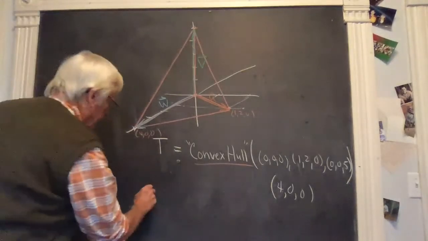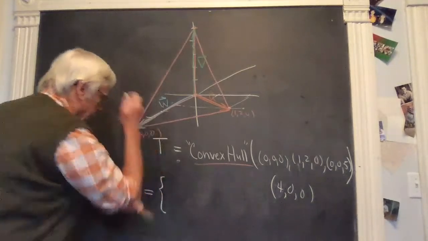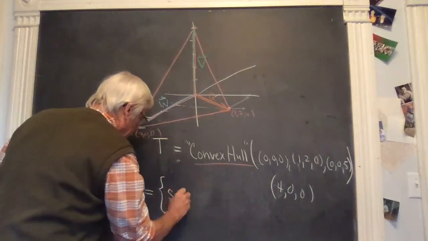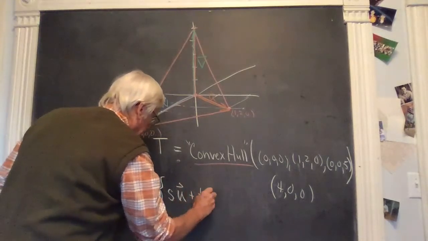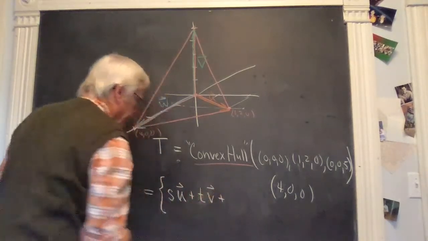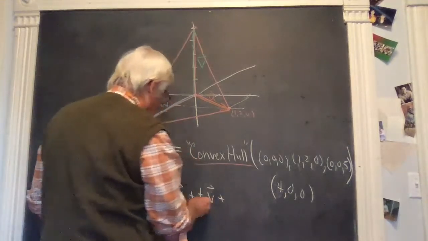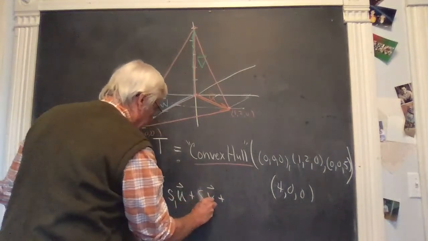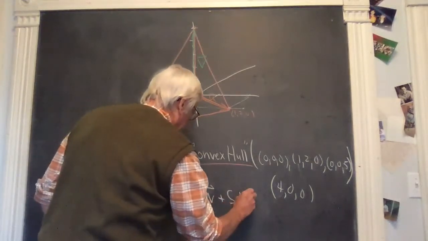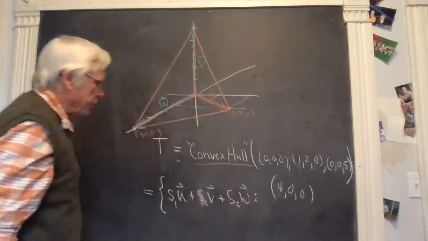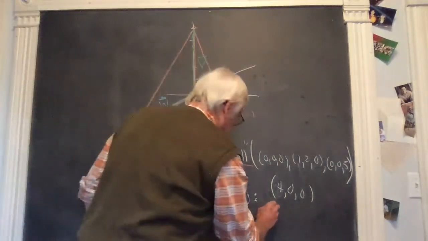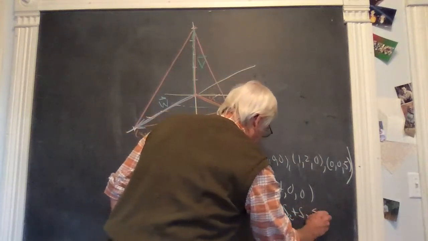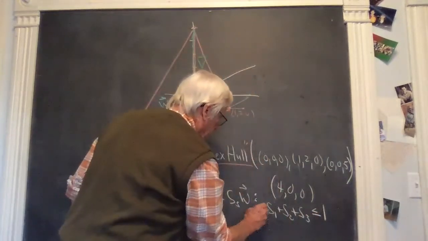Now this convex hull is equal to the set of all points of the form S1 times u plus S2 times v plus S3 times w. These are my parameters, such that the sum of these is less than or equal to 1, and each is bigger than or equal to 0.